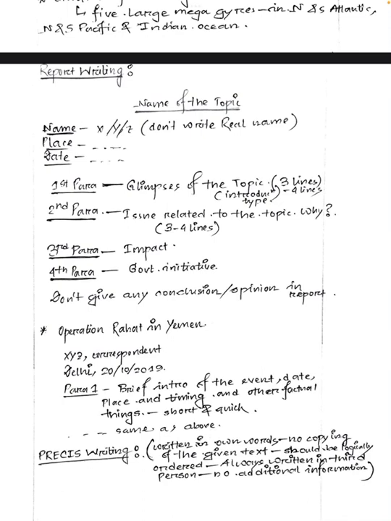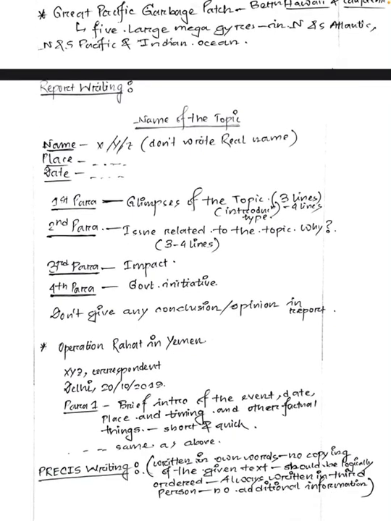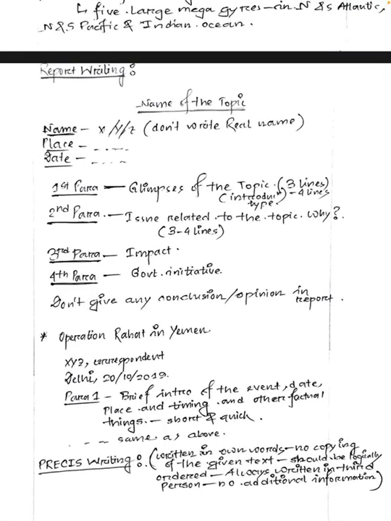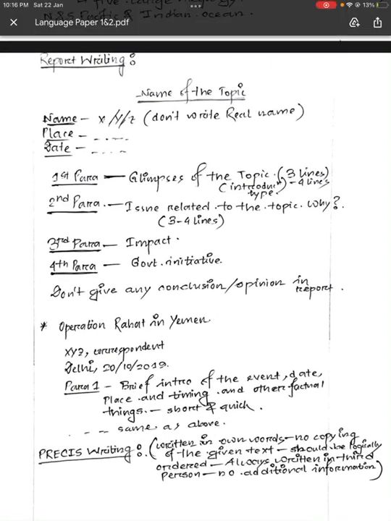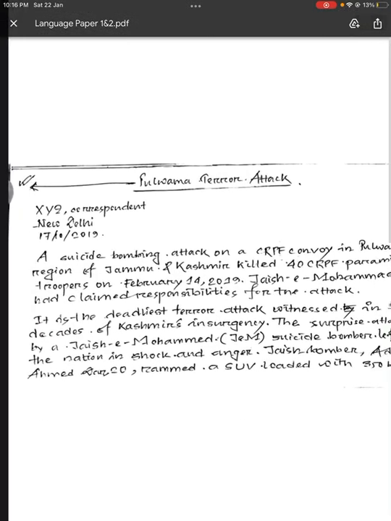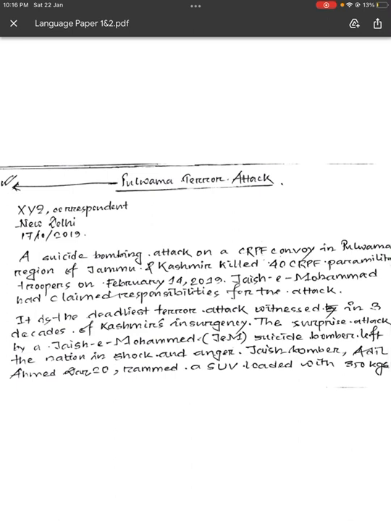Actually I am reading it after a long time. I am also reading my own notes, so I'm also understanding what I did during my preparation. So let's go for one. Here's one report writing: Pulwama terror attack.